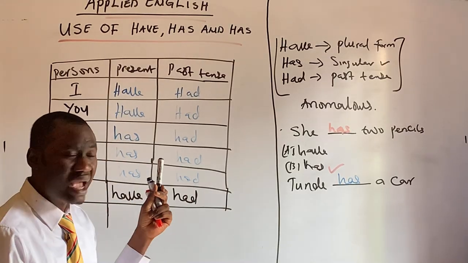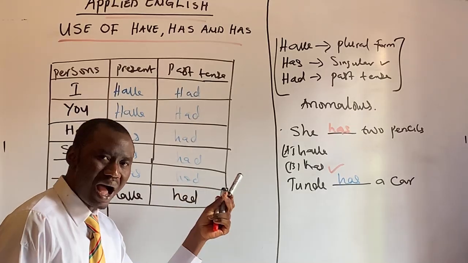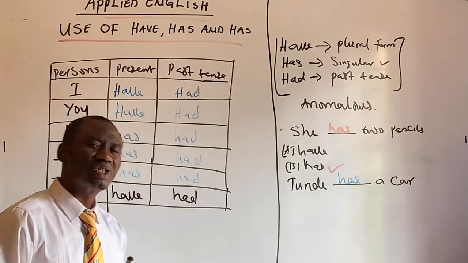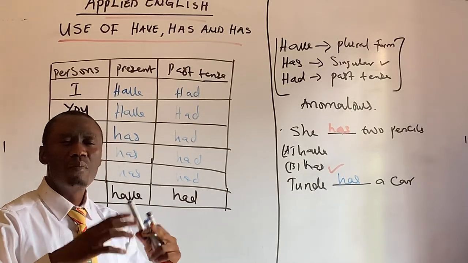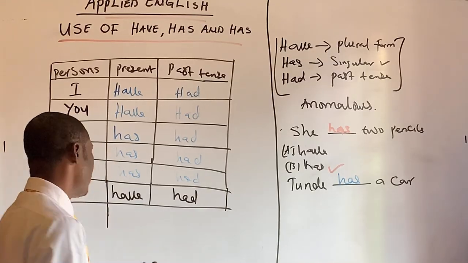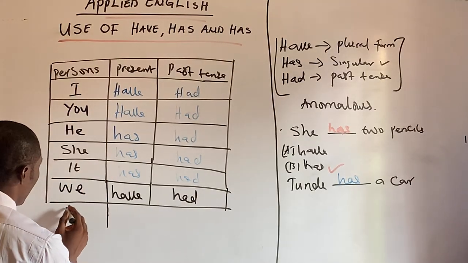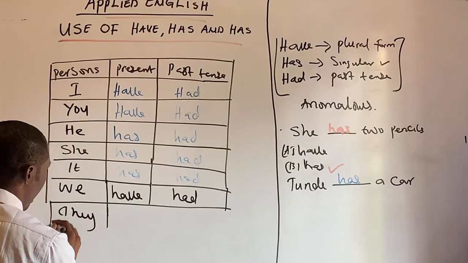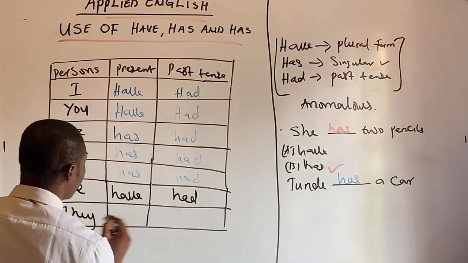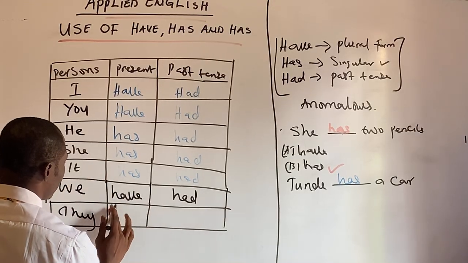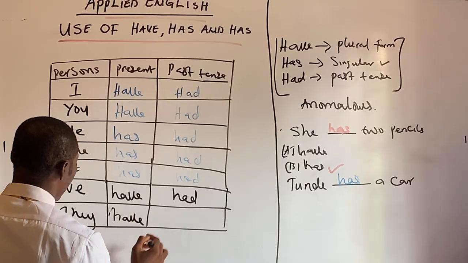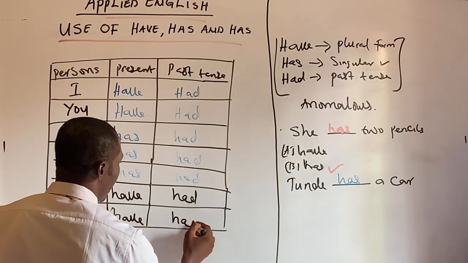Of course, it remains you have, you had. Then we go to the last one, which is the third person plural subject. For the third person plural subject, we have they. Now, do we say they has or they have? Of course, it is they have. And in past tense, they had.